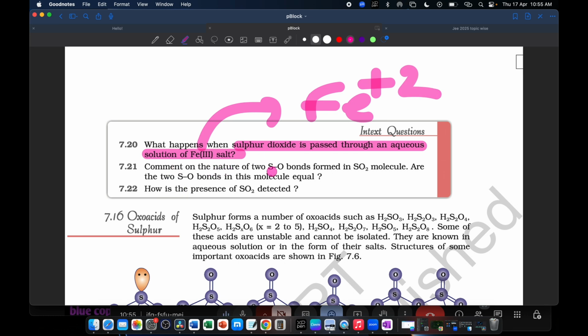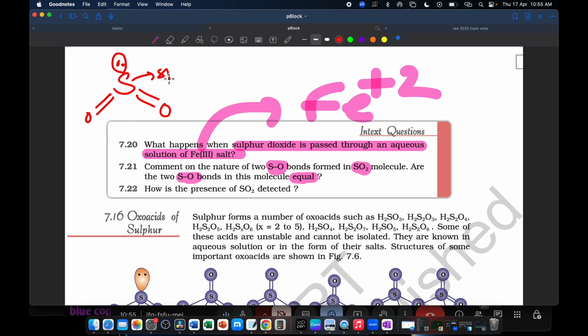Comment on the nature of the SO bond formed in the SO2 molecule. Are the 2 SO bonds in this molecule equal? Very good point here. You have one lone pair, so you got one pi bond and another pi bond. So this is the structure.